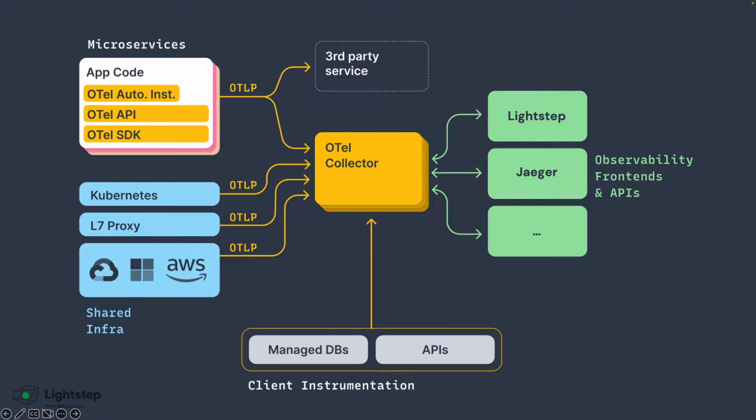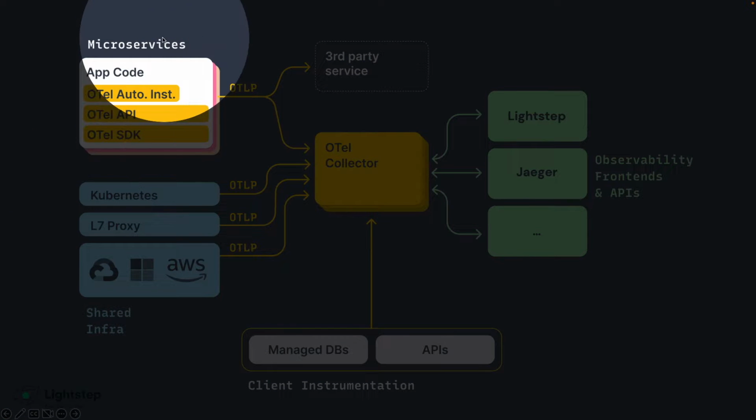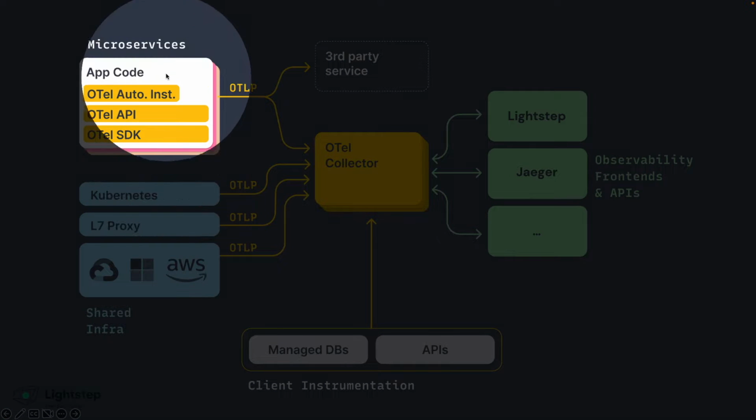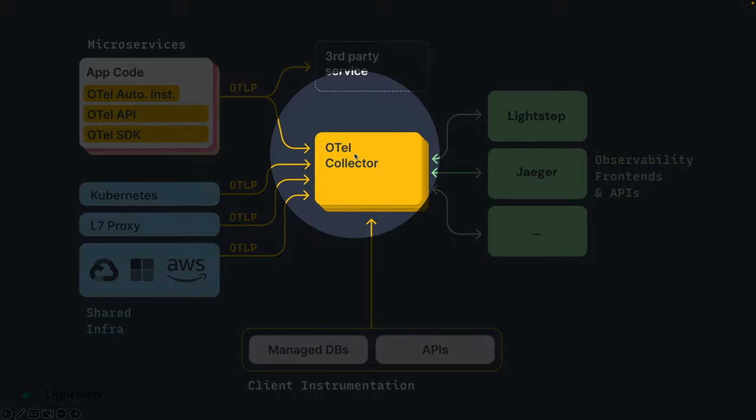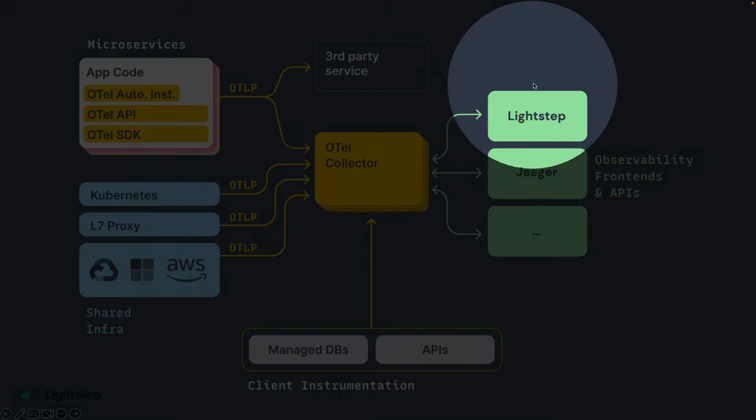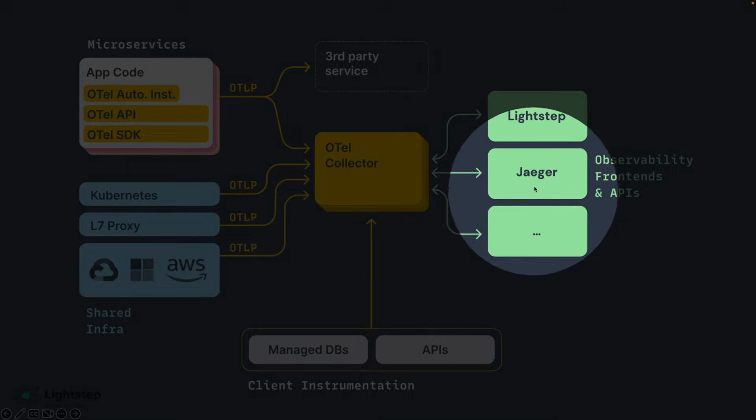This slide presents the architecture recommended by the OpenTelemetry community in order to deploy OpenTelemetry. On the left side, you've got all the agents, SDKs and APIs that are used in order to push the information to the collector. The collector is used as a proxy in order to push all this information to different backends.